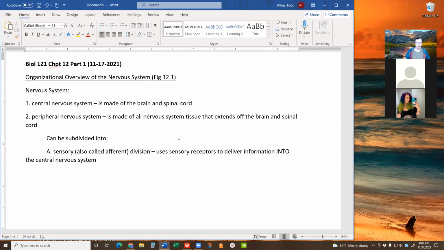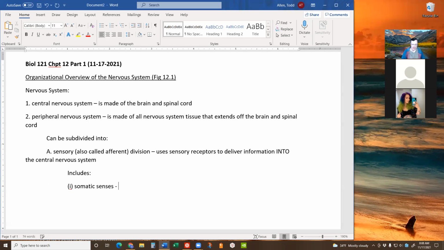Within the sensory division, there's basically two pockets of senses, two pockets of machinery that we categorize. The sensory division would encompass those things known as the somatic senses.